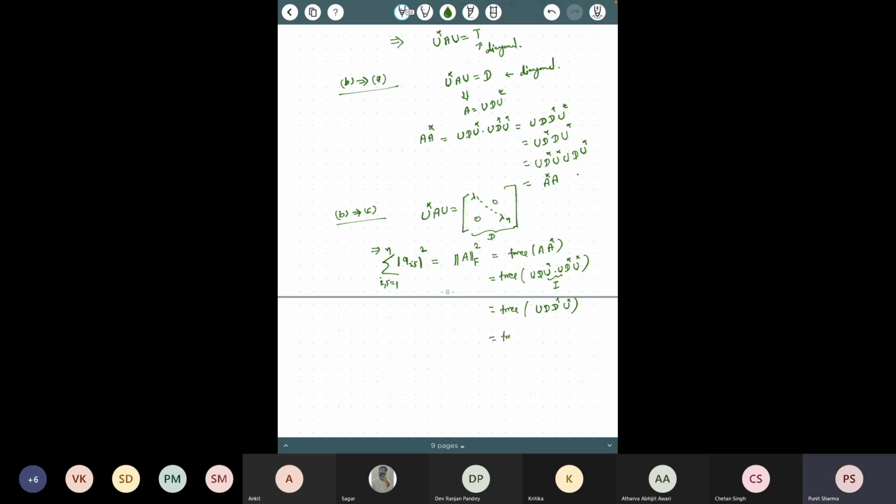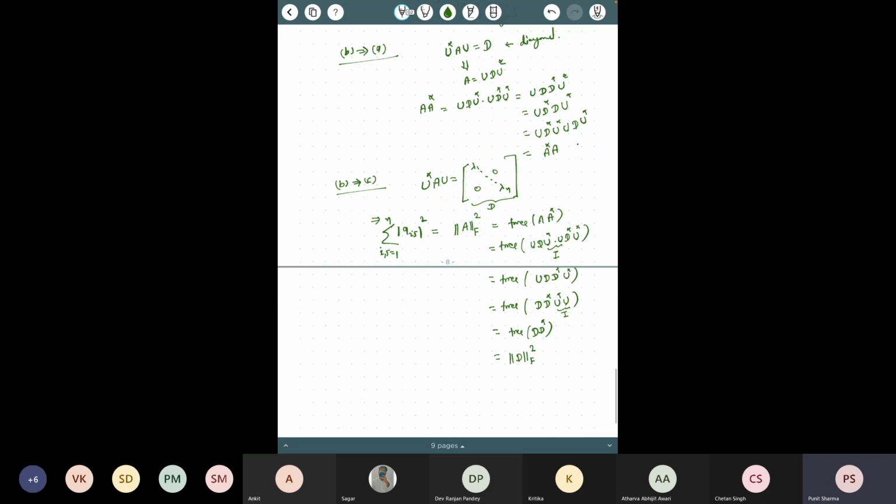Now again using the trace property, this is the same as trace of D D star U star U. So trace of AB is equal to trace of BA. Again, this is identity, so it is trace of D D star. But then this is the Frobenius norm of D square.